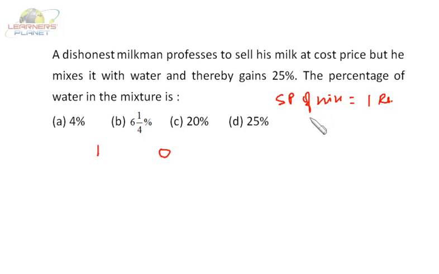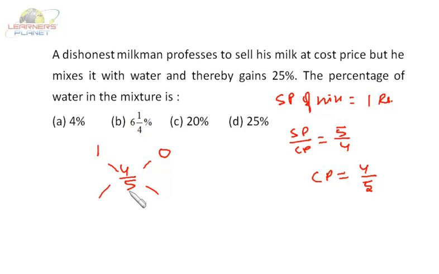Now we have to find out the cost price of the mixture, that is the mean cost price. Okay, so if it is giving 25% profit, that means SP is 125% of CP, and 125% can be written as 5 by 4. That means the mean cost price is 4 by 5. Okay, so I just write it over here.